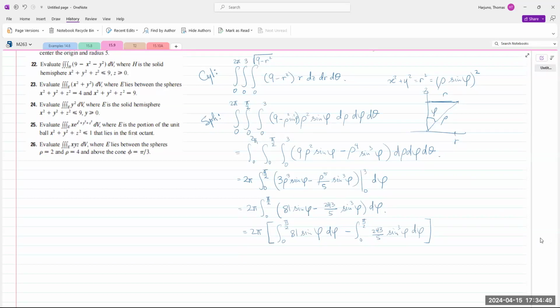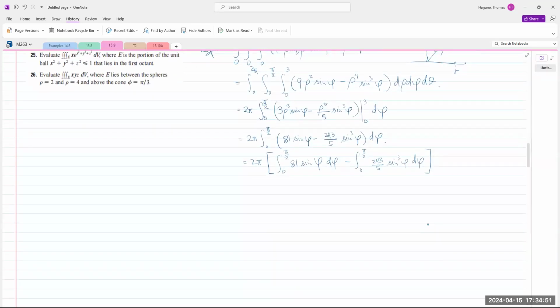But I know the integral from 0 to pi over 2 of sine phi d phi is equal to 1. You can just integrate it yourself. So this is 81 minus the other term.